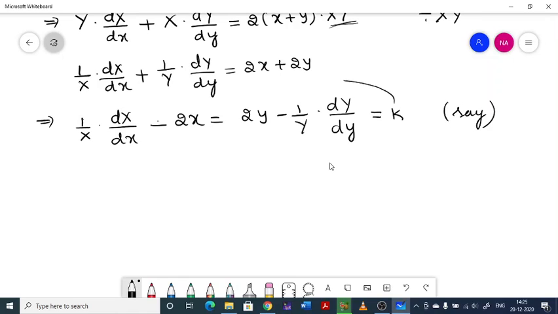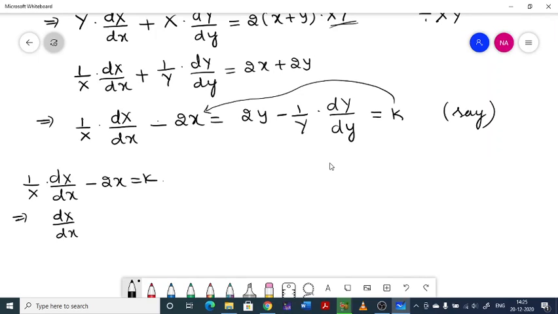Now taking these two first, 1 by capital X into d capital X by d small x minus 2x equal to k. That implies d capital X by d small x equal to k plus 2x.